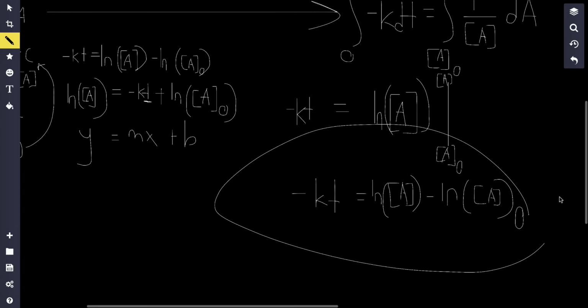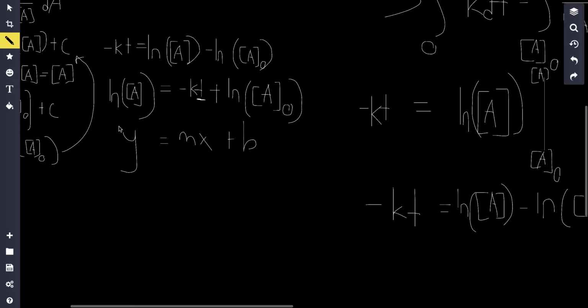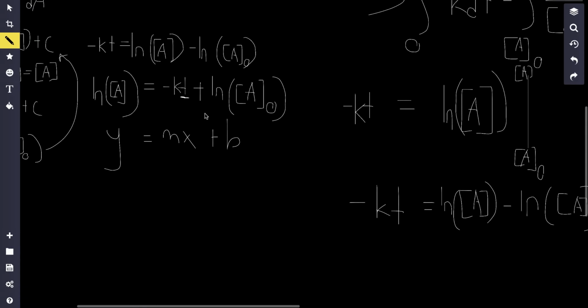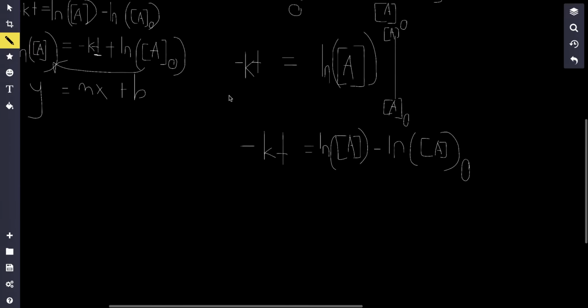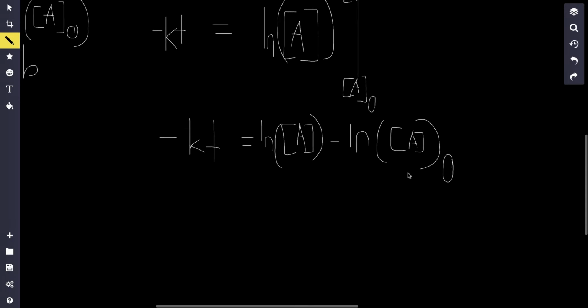So anyways, this is what we end up with. Now, if I subtract ln of the initial concentration on both sides, I get that negative kt is equal to ln of the concentration of A minus ln of the initial concentration.